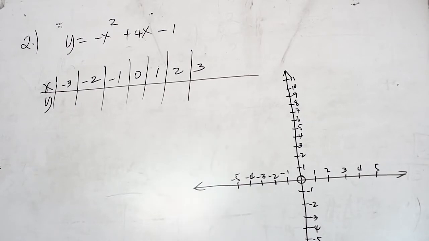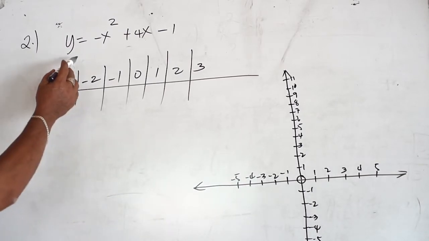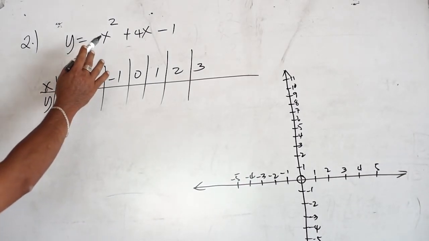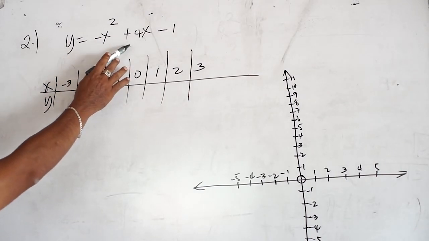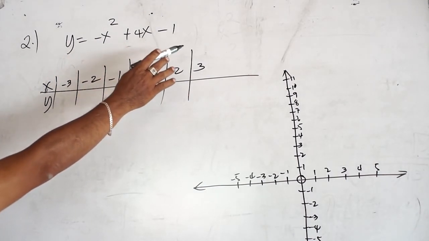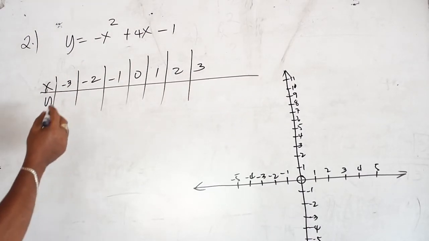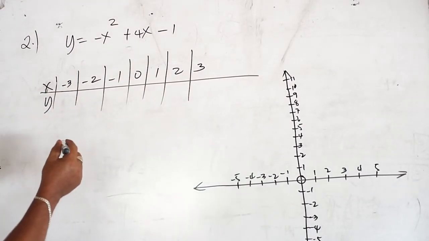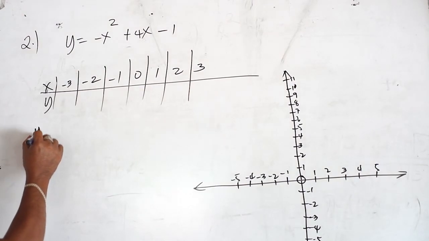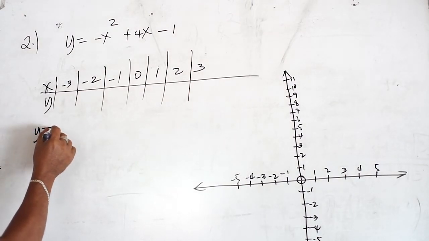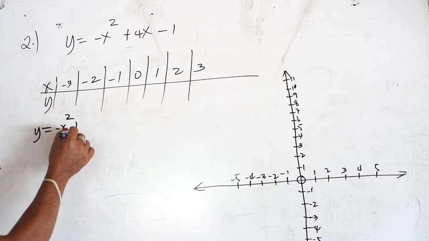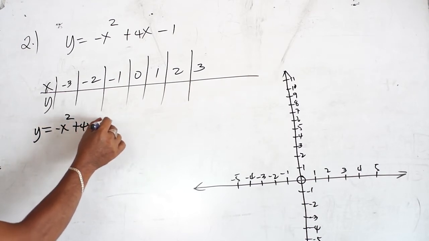Okay, example number 2. The given function is y equals negative x squared, positive 4x, then negative 1. First, you have to complete the table. If the value of x is negative 3, the given equation is negative x squared, positive 4x, then negative 1.